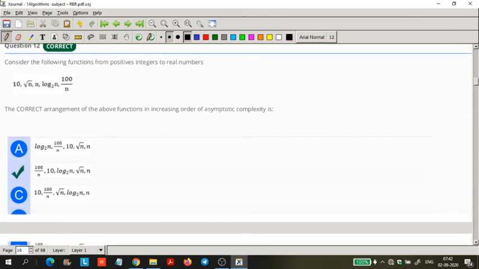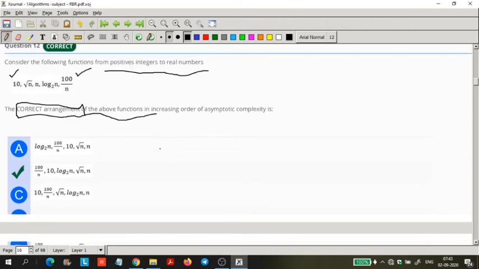Next, consider the following functions from the positive integers to the real numbers. The question asks for the correct arrangement of the above functions in increasing order of asymptotic complexity.